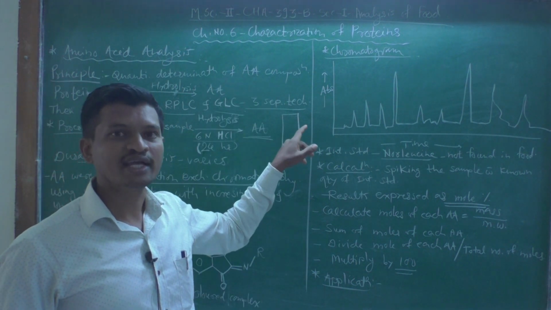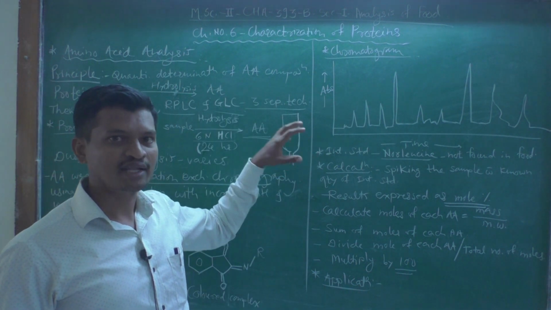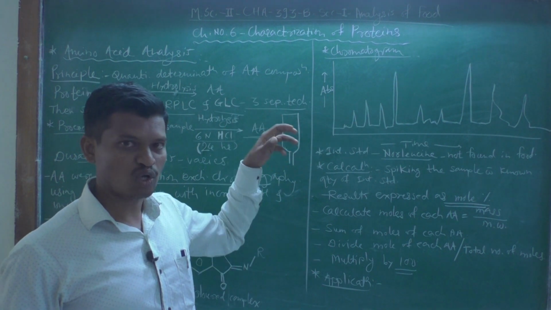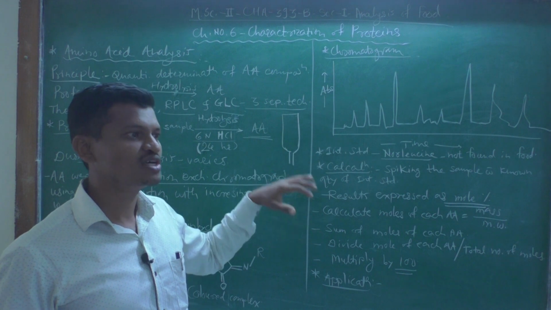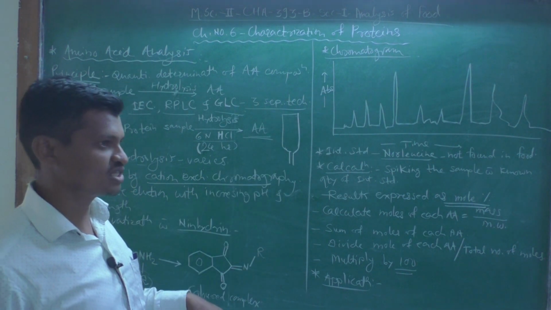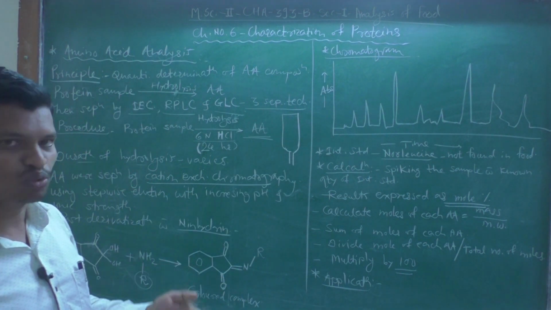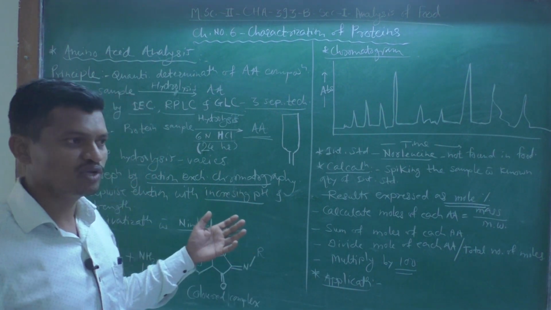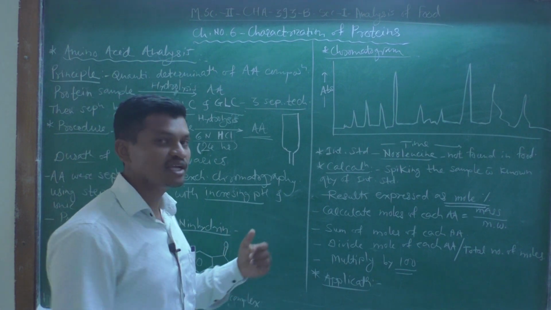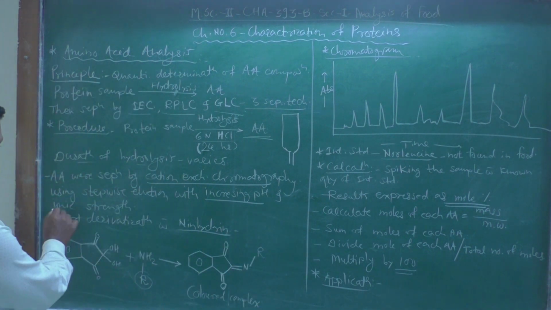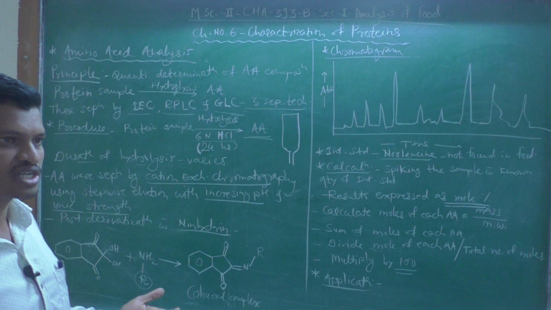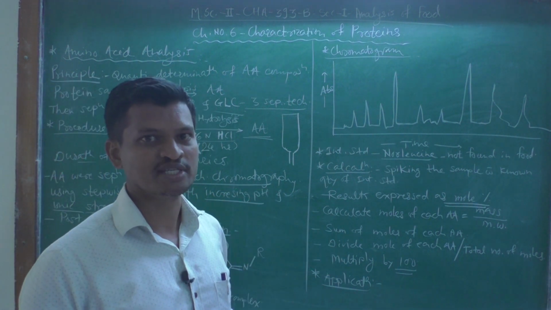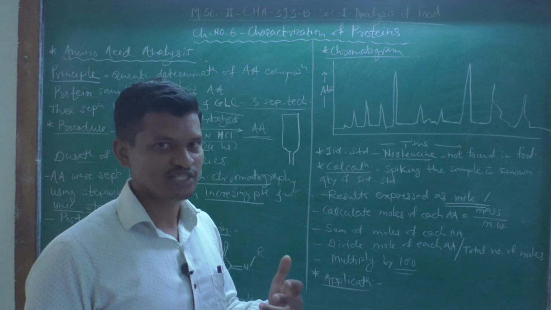The elution solvent, the mobile phase used for this elution process, is a solution with increasing pH and increasing ionic strength. So this is the criteria used for the separation of amino acids by cation exchange chromatography.